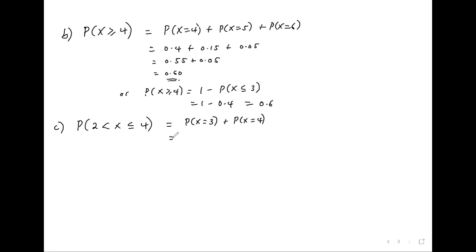For 3, it's 0.2, plus for 4 is 0.4, giving us 0.6. Or you just get the CDF and subtract the fourth piece minus the second piece, to still get the same answer. So that's how you get the probabilities for discrete.